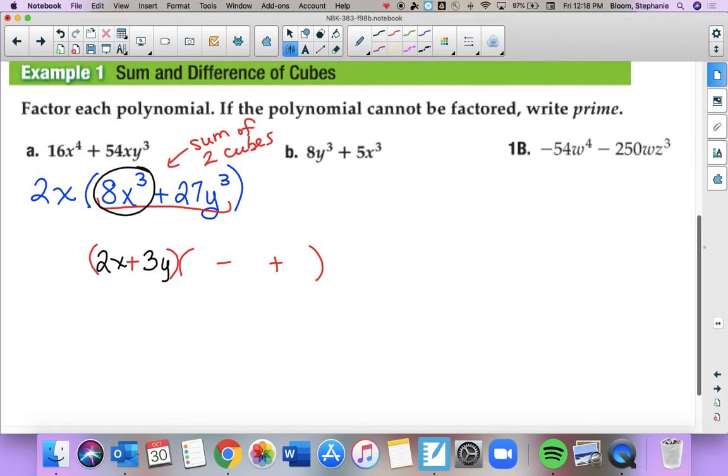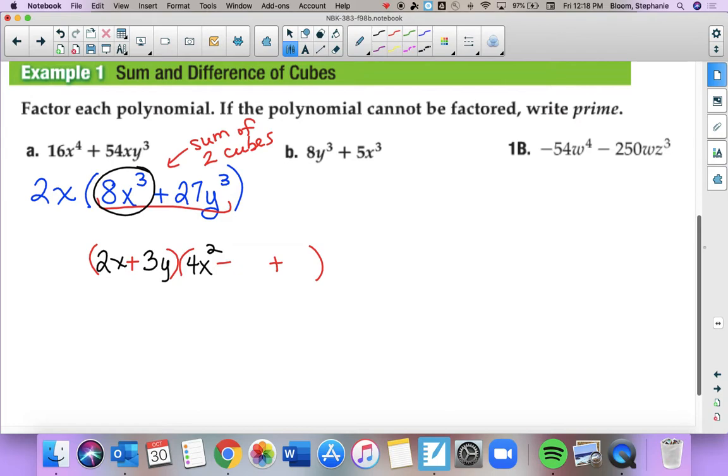Okay, and then from there, in the formula, the next part is I put in a squared. So I go back to my a, right? My a is 2x. So what's 2x squared? What'd you say? 4x squared. Good. And then the formula says a times b.